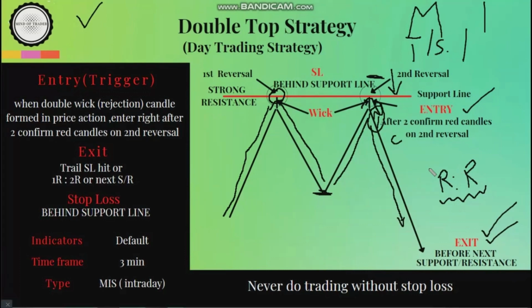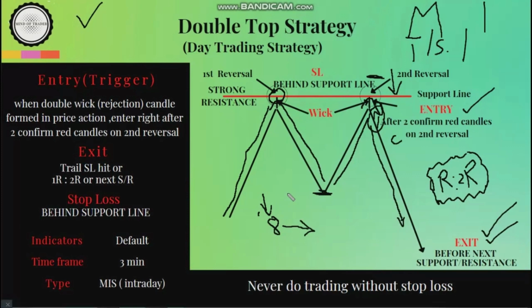So what is risk to reward ratio? We will learn this in coming slides also, but as of now I want to touch on this. Whenever you put a certain stop loss, for example you're putting an 8 rupees, 8 point stop loss, risk to reward says you should take at least a 1:2 ratio.